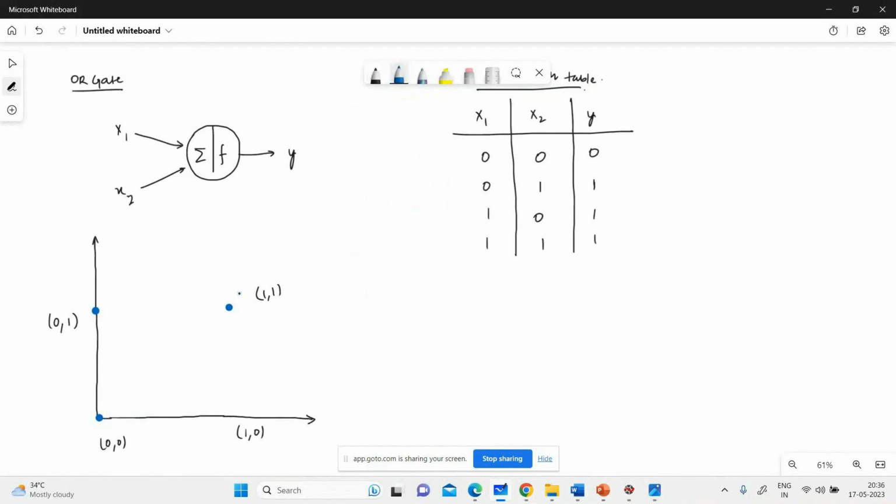Where will my decision boundary be? Your decision boundary will be somewhere like this. Above this the prediction will be 1, and below this it will be all 0. Correct? So one single decision boundary is good enough to classify this. Correct? Now let's change everything and talk about something called the XOR gate.